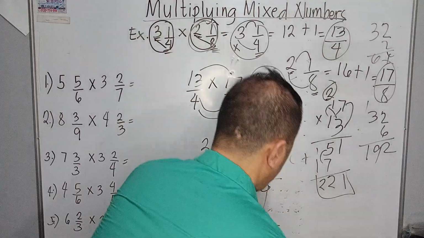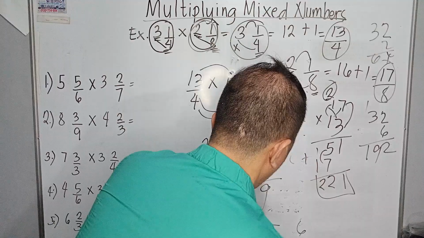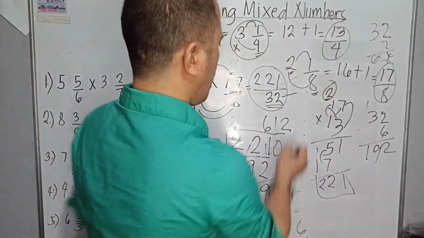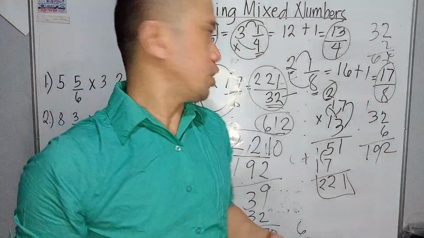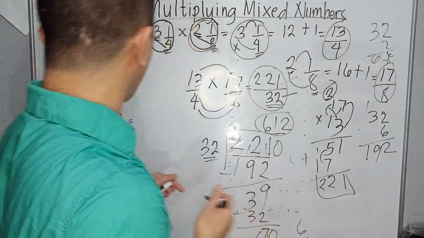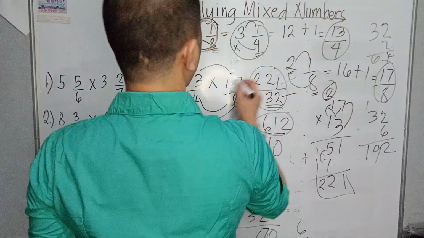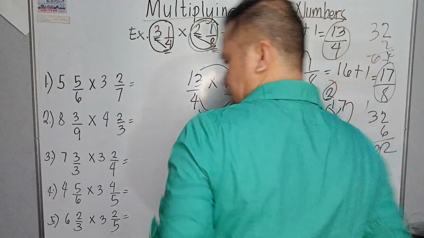So subtract it. 10 minus 4 is 6. And then 7 becomes 6. So we have here 6. So our answer now is 6 and 12 over 32, guys. So here, we're going to write 6 and 12 over 32 for our final answer.